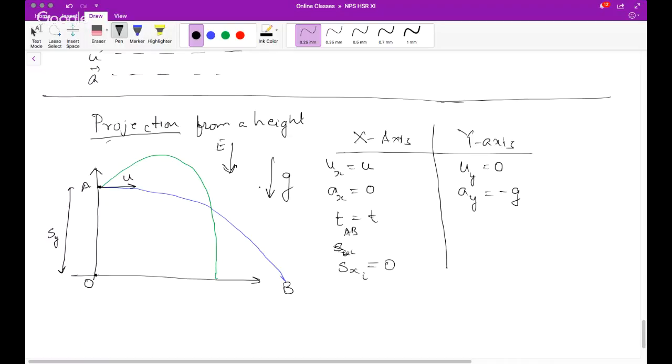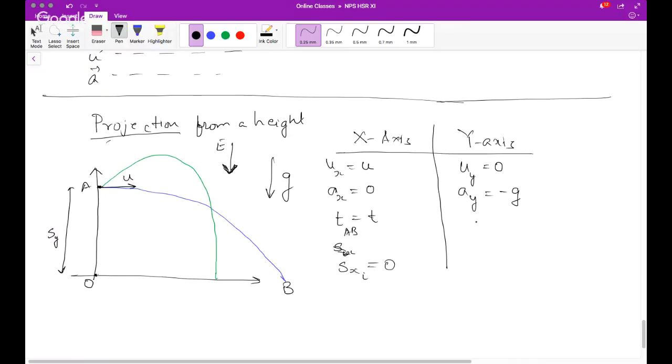So not only G, you will have to consider E also. In that case, you'll have to find the acceleration due to E as well as the acceleration due to gravity, both. So whatever forces are acting, you'll have to use the acceleration accordingly. In this case, let's say there was no E, no electrostatic forces acting. Only gravity is acting. So Ay is minus G.